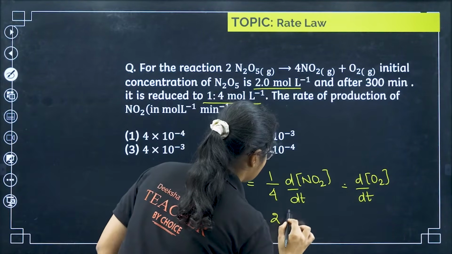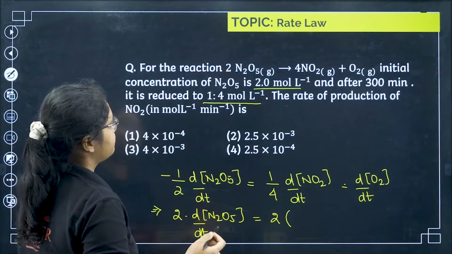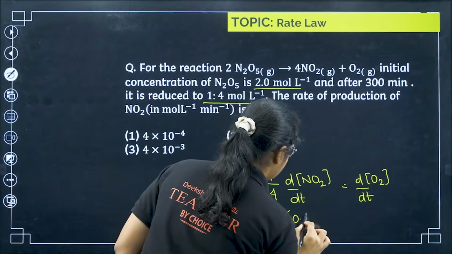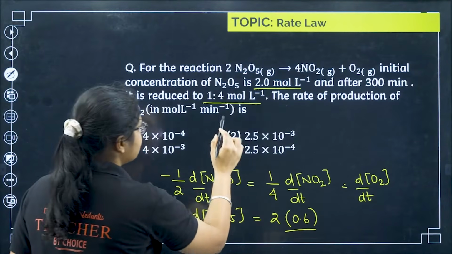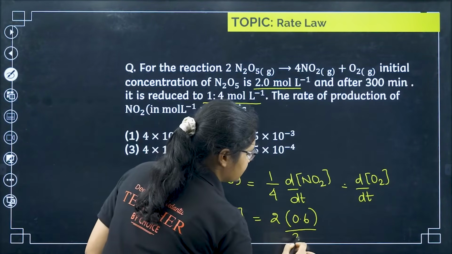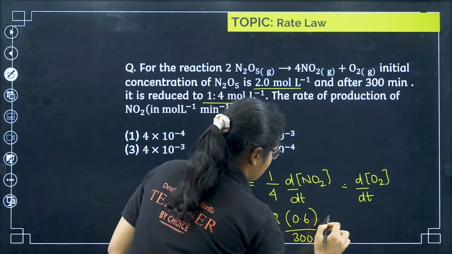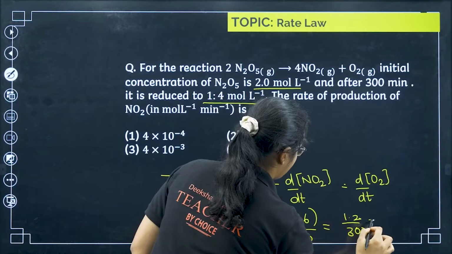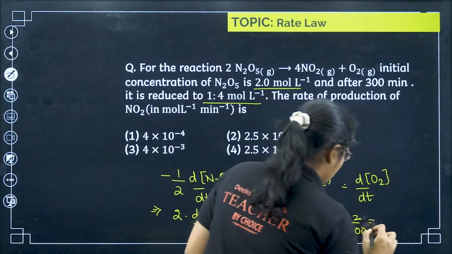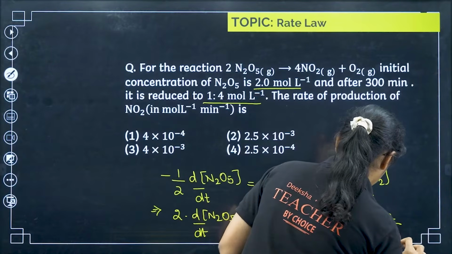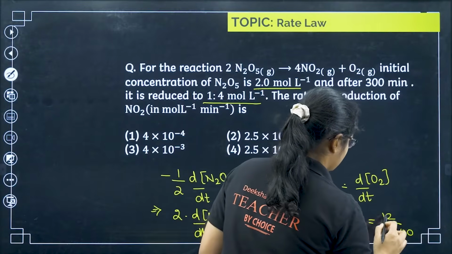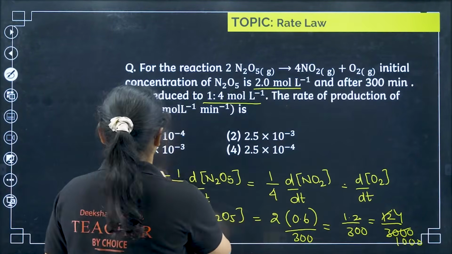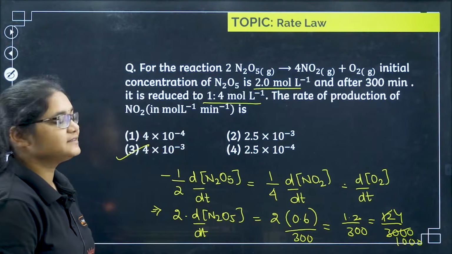So that is equal to 2 into, what is the change in concentration of N2O5 from 2 moles to 1.4, that means 0.6 mole, and this has happened in 300 minutes, right? So it is 1.2 by 300, or I can write it like 12 by 3000, right? So that is 4 into 10 to the power of minus 3. So option number C here.